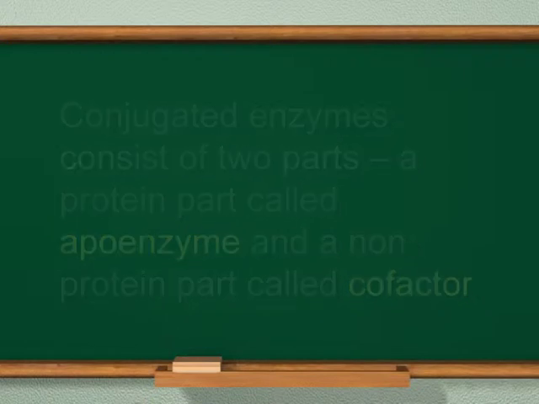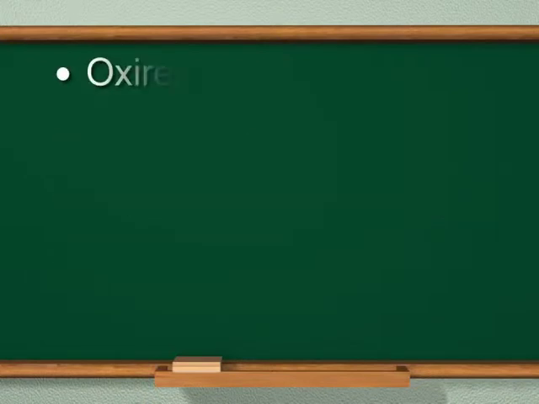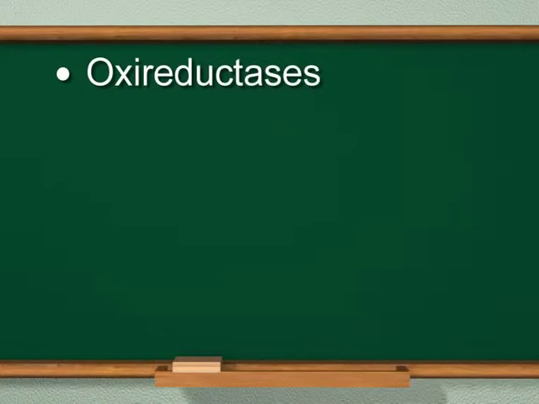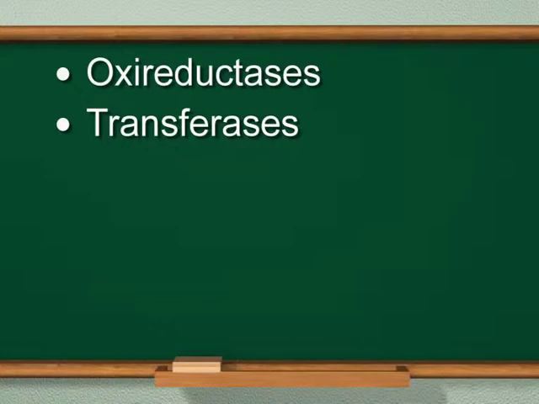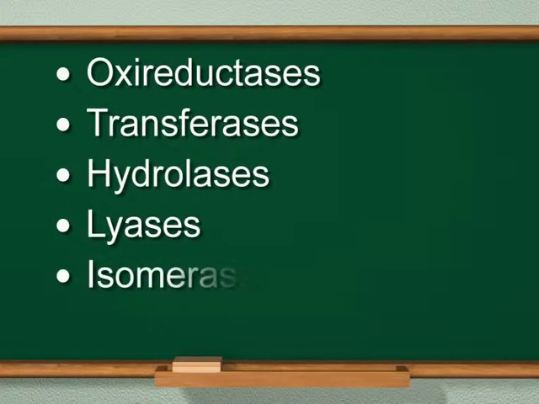Next question. Name the classes into which enzymes have been grouped. Answer. Enzymes can be classified as oxidoreductases, transferases, hydrolases, lyases, isomerases, and ligases.